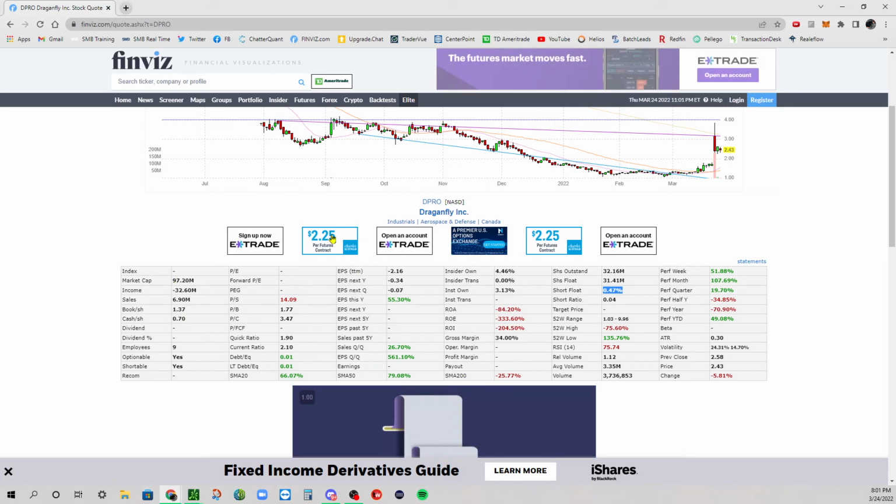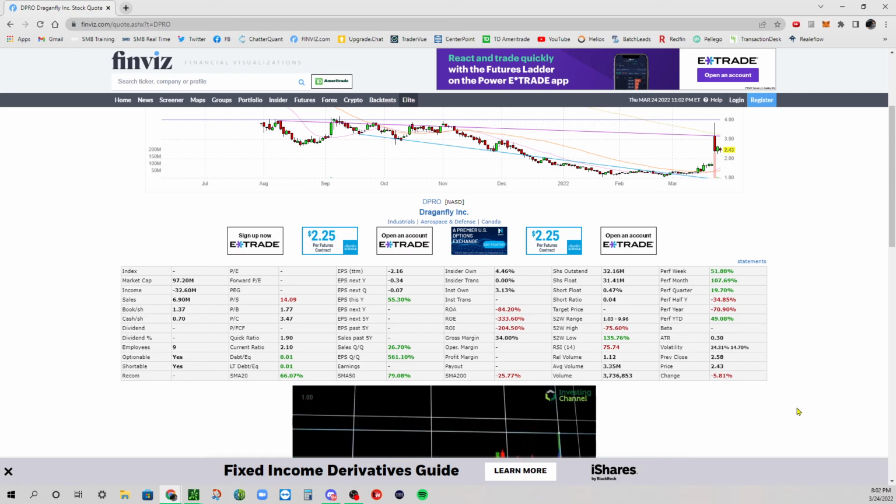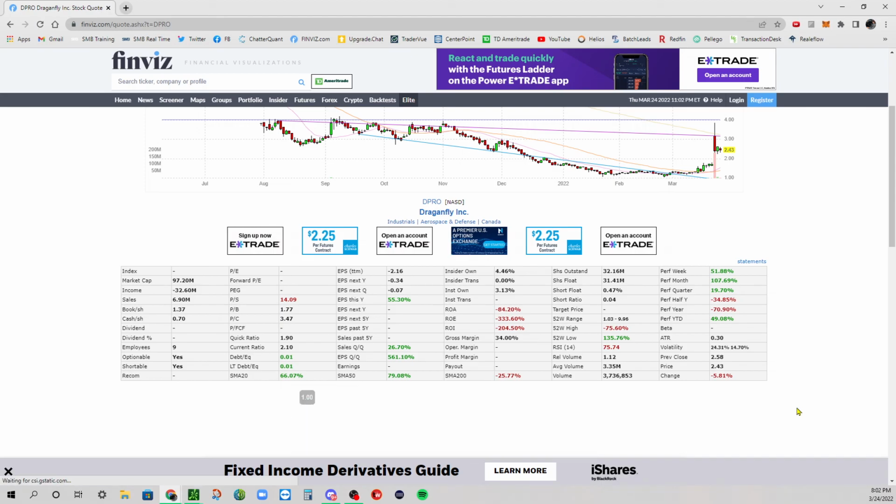Okay, so you can use Finviz. You can see the market cap right here and all the fundamentals of the company. And this is just for you to layer your conviction, right? You don't necessarily have to do this every single day, but if you're gonna put some money into a trade, it'd be worth it to just glance at this. After a while, you know where to look.